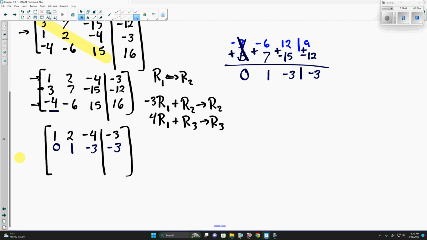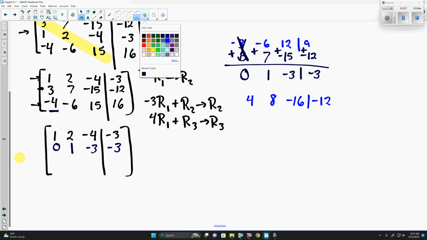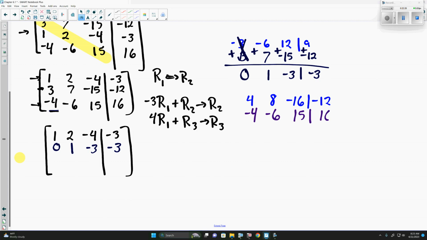So we multiply row 1 by 4. Well, we'll have 4, 8, negative 16, and negative 12. Now row 3 is negative 4, negative 6, 15, and then 16. And again, we're adding these together.